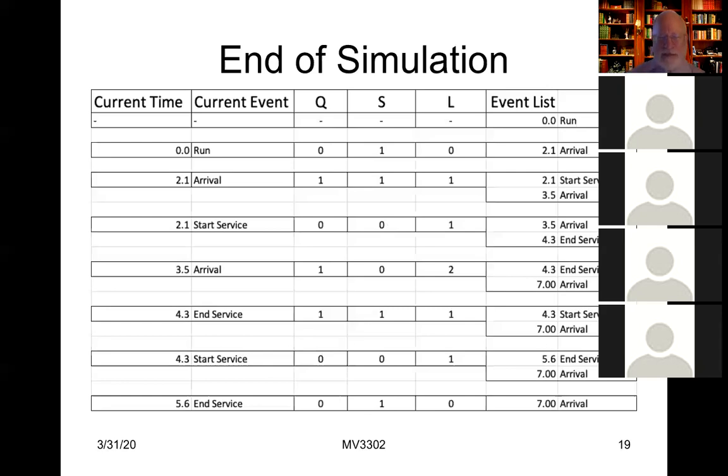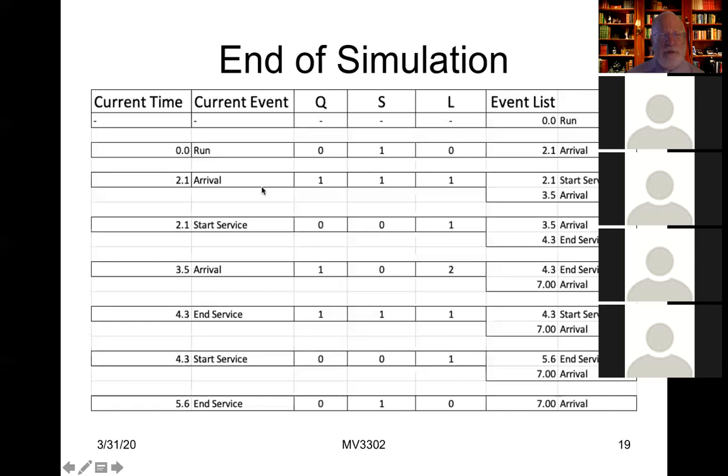Now, in looking at this, since we're doing this kind of by hand, as it were, we can look at this tableau, we look at the entire sequence of things. And if we were to graph what's going on here, we see that for each of our state variables, at time 0, Q is 0.